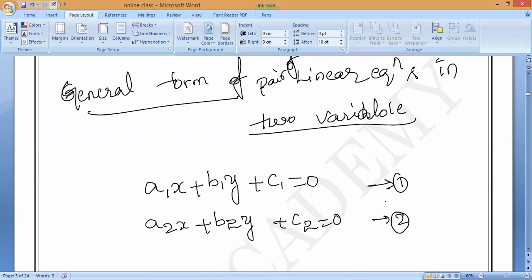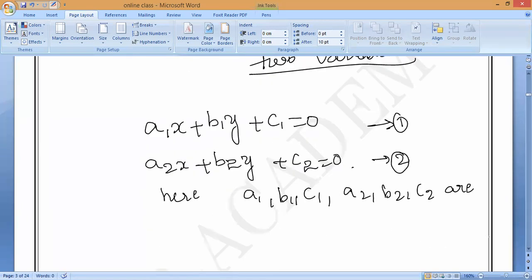These are the general form of the linear equations. Here a1, b1, c1 and a2, b2, c2 are real numbers. Do you understand? Real numbers, okay.